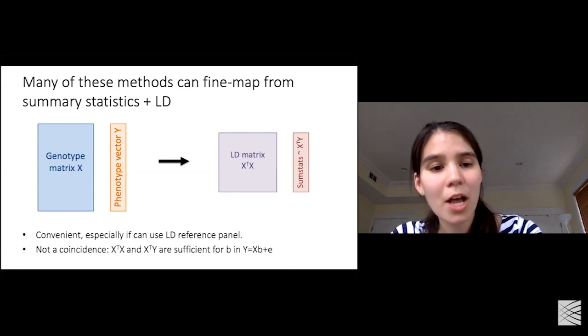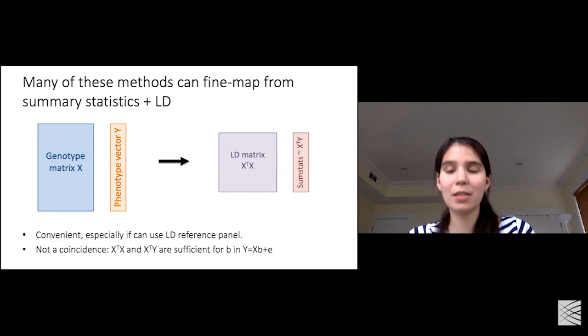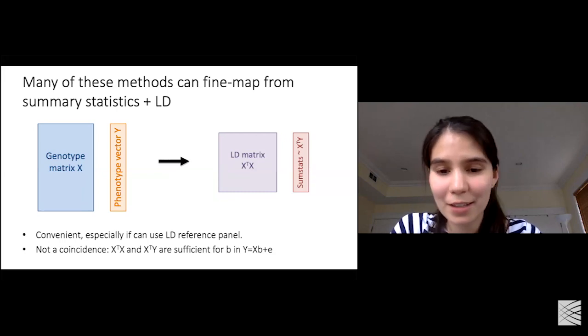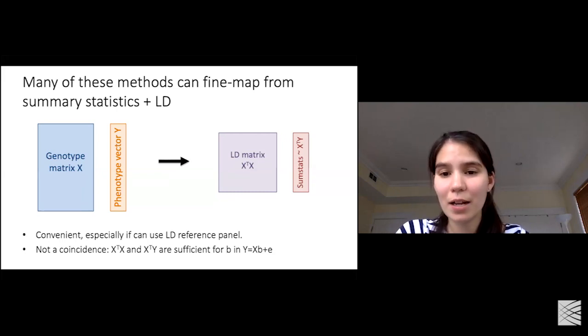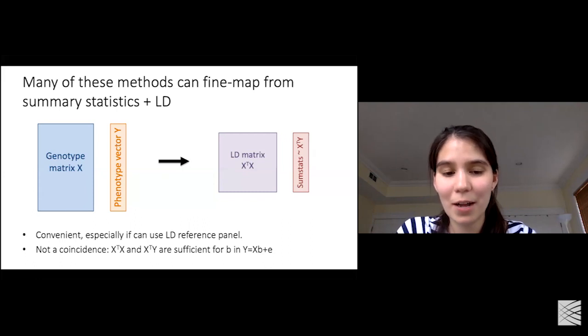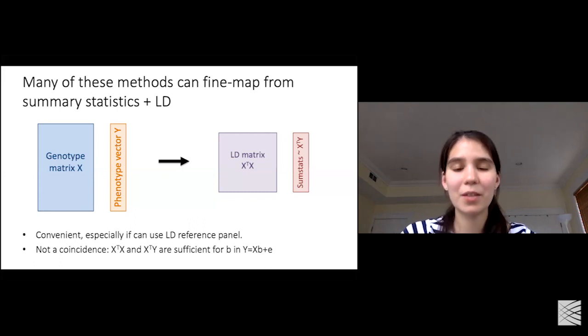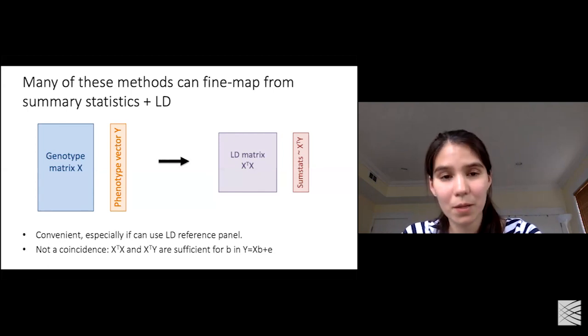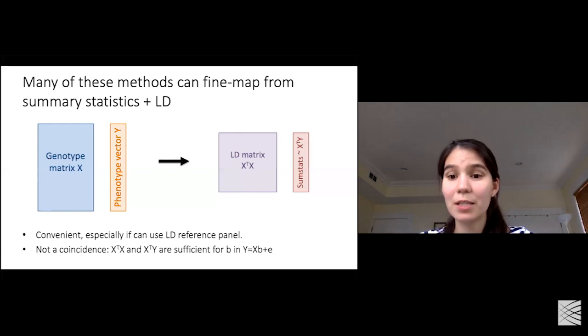What that means is that X transpose X and X transpose Y statistically have all the information about B that you would want to get from X and Y. And so the fact that there continue to be summary statistics-based methods is based on this very nice fact. As long as we're starting from this Y equals XB plus E model, it's going to be possible to do it from summary statistics.